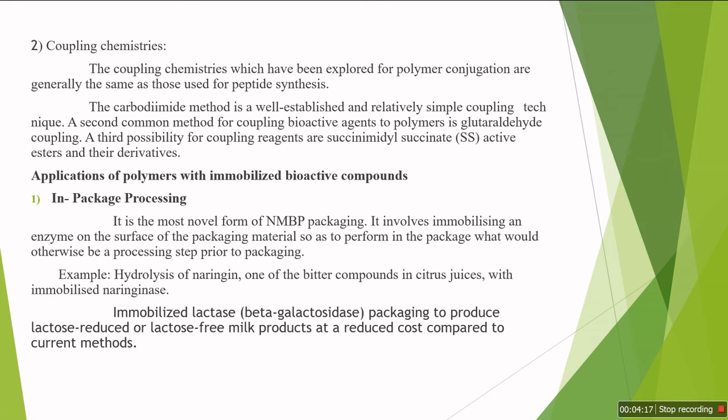For example, hydrolysis of naringin, which is one of the bitter compounds in citrus juices. Here we will immobilize the naringinase enzyme onto the surface of the packaging material. Another example is immobilized lactase, that is beta-galactosidase, packaging to produce lactose-reduced or lactose-free milk products at a reduced cost compared to the current methods.